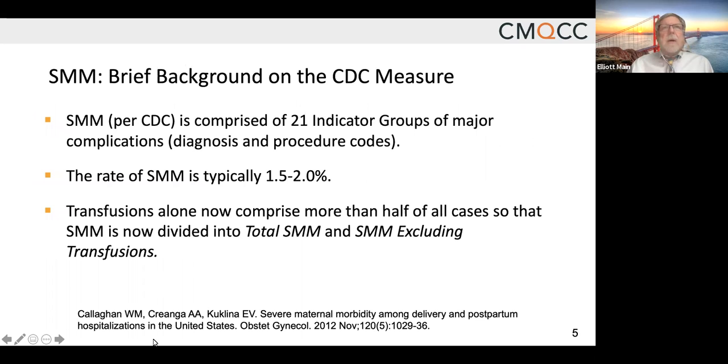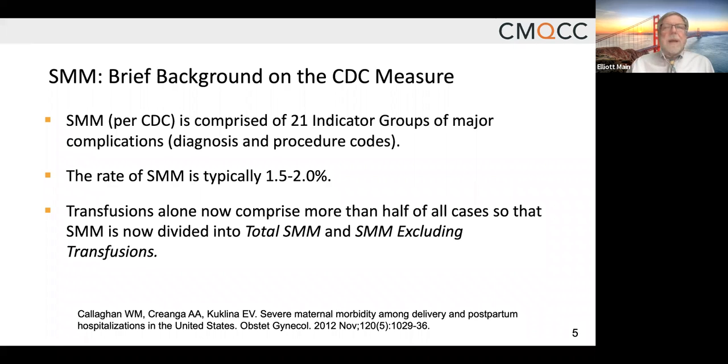So a little bit of background on the CDC measure, which has become the standard for use around the United States. It's comprised of 21 indicator groups of major complications. So these are diagnoses and procedure codes like kidney failure, pulmonary edema, transfusions. The typical rate of SMM is about 1.5% to 2% currently in California and in the US.